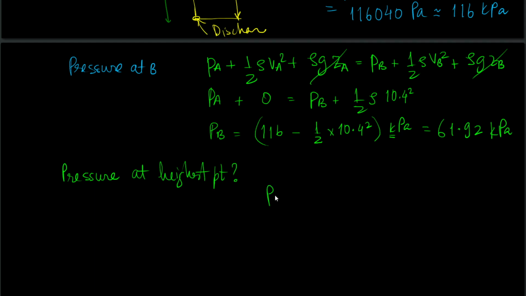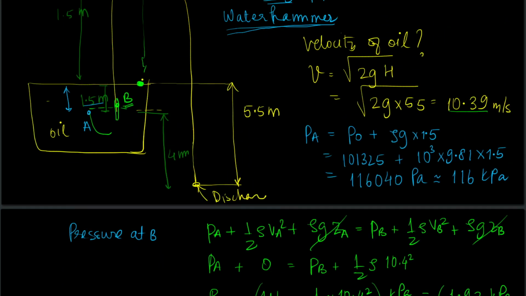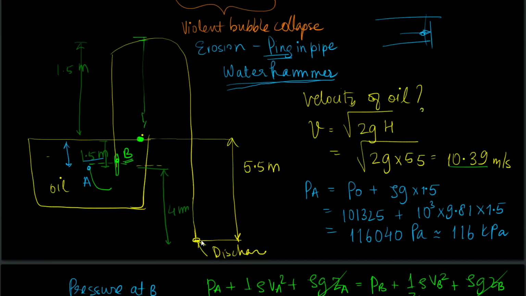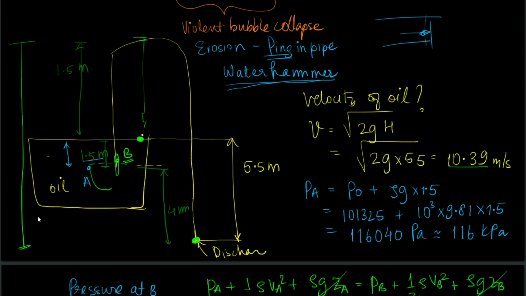The pressure head at the highest point, if I call it C, is the atmospheric pressure head minus the height of the highest point from the discharge point. It is 5.5 meter from this level plus 1.5 meter from this level, so this total height is going to be 7 meters.